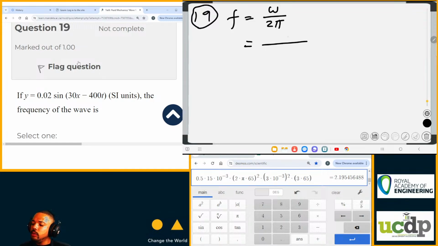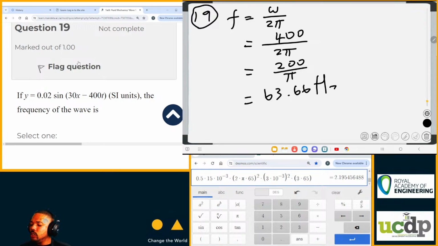Now the angular frequency is 400, and divided by 2 pi is 200 over pi. That's 63.66. And we just calculated this. That's 19.